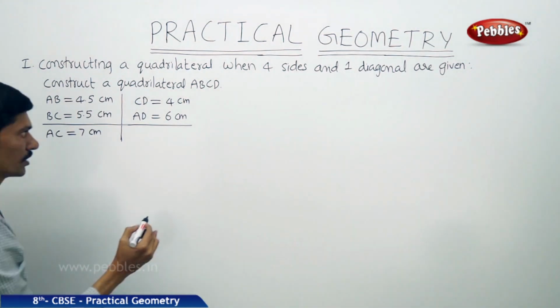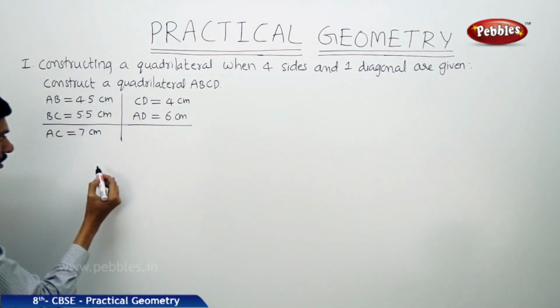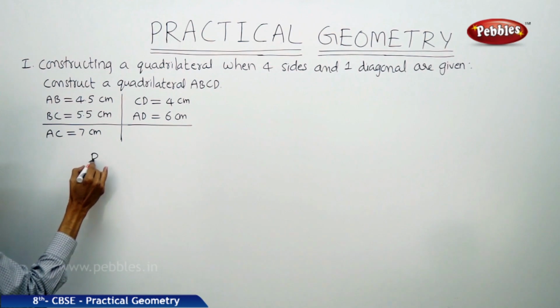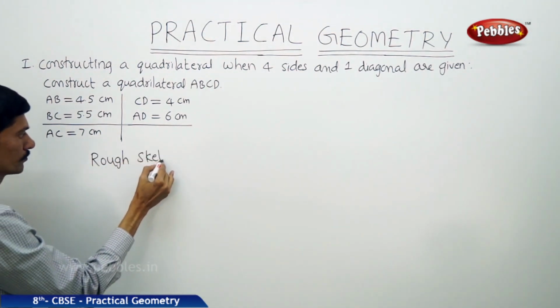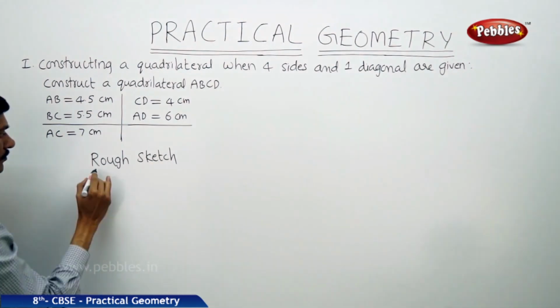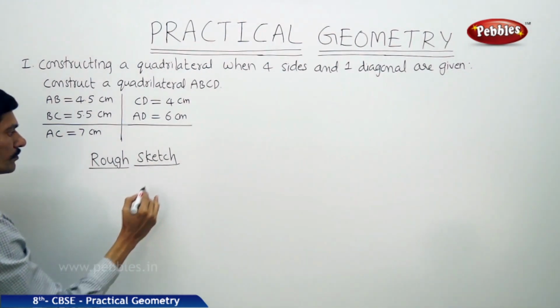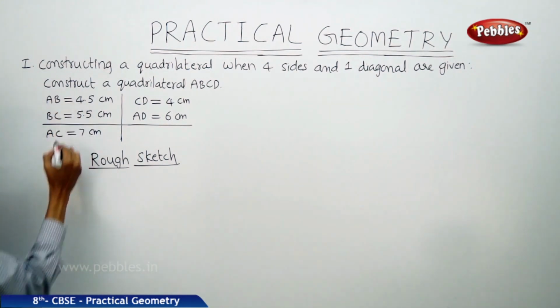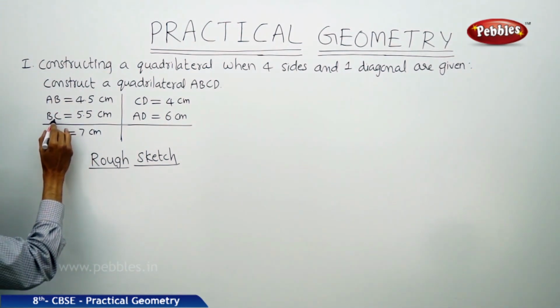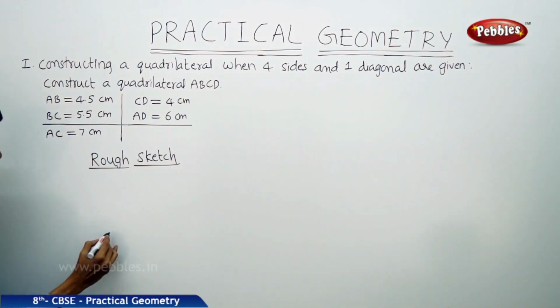If you observe AB, BC and AC, we will get a triangle ABC. So first let us draw the triangle. For this I am taking a rough sketch. First take any of these two sides as the base. So first we are taking BC equal to 5.5 centimeters.